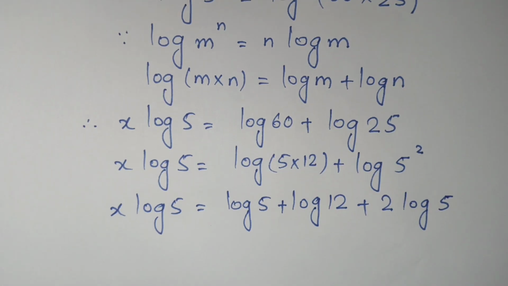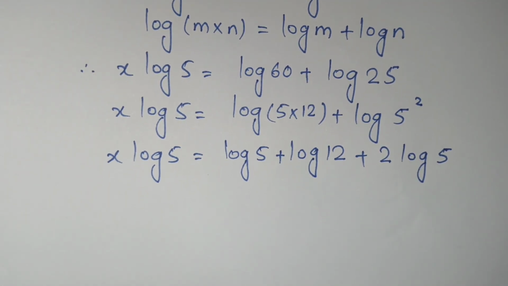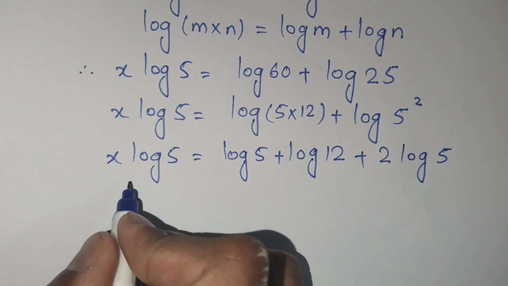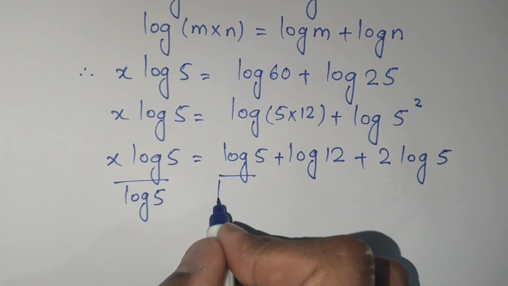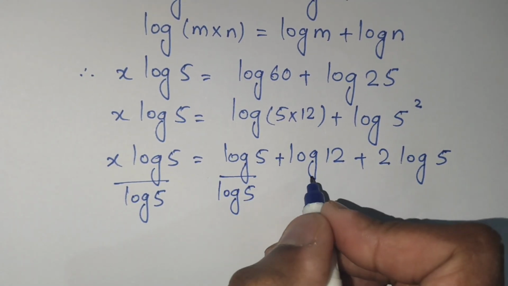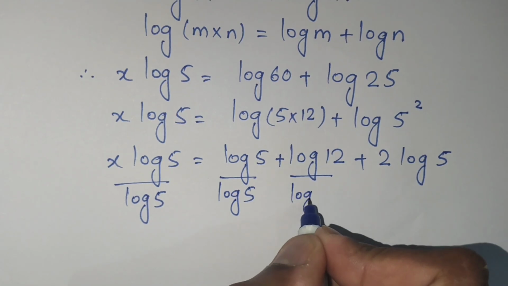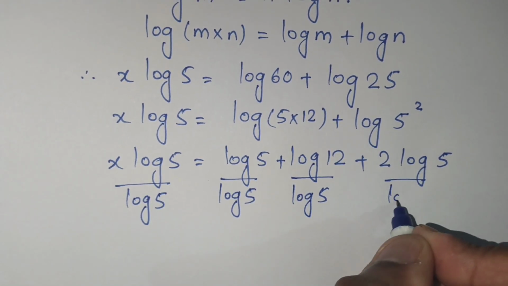Now in the next step we will divide by log of 5 on both sides. So we will get the equation by cancelling the like terms.